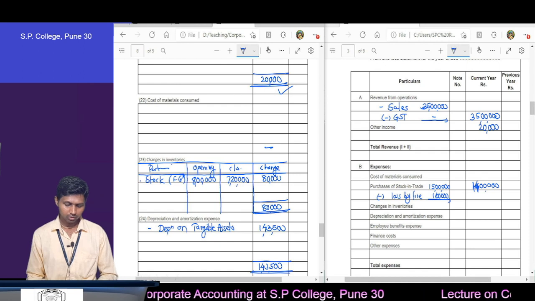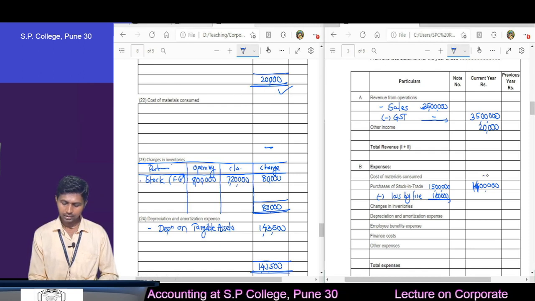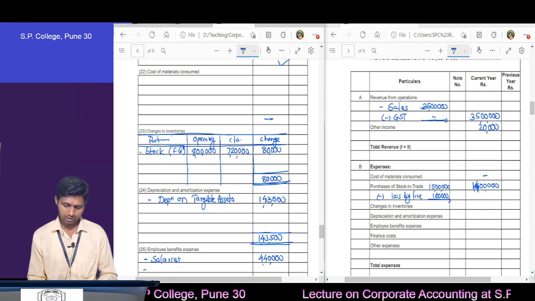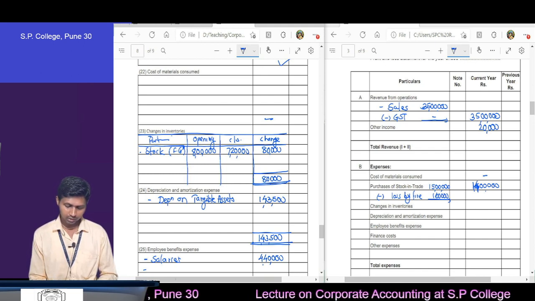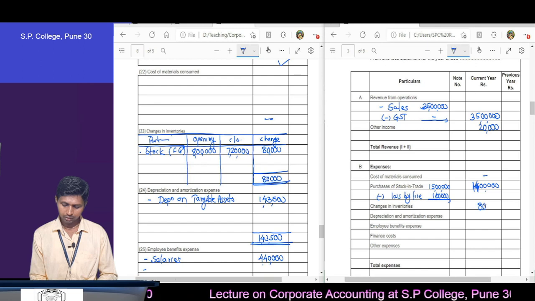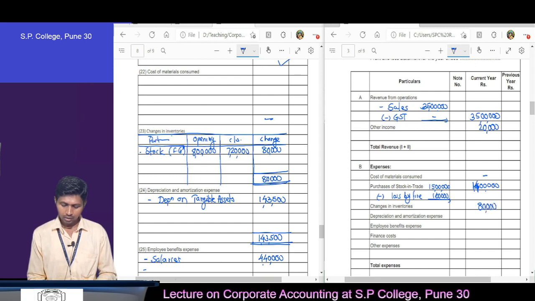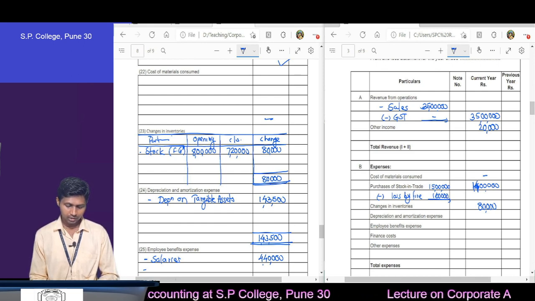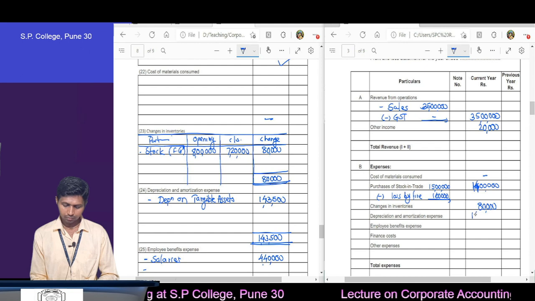After this, cost of materials consumed, nothing is there, therefore a dash. Change in inventories, do you have anything in change in inventories? Yes. How much is that? 80,000 plus, therefore 80,000 as it is. And then what about the purchase of stock in trade? We already wrote 15 lakhs minus 1 lakh, 14 lakhs. Then depreciation, do you have anything in depreciation? Yes, 1,43,500.